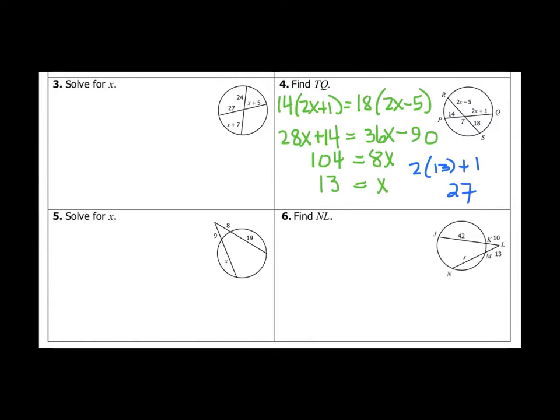Here is where we have two secants that intersect outside. So I know that's going to be 8 times 8 plus 19 equals 9 times 9 plus x.